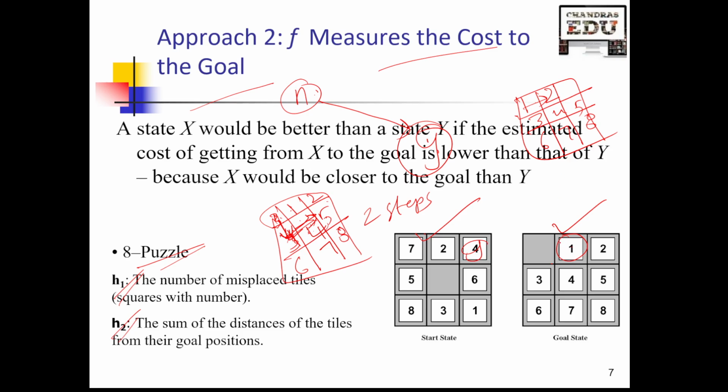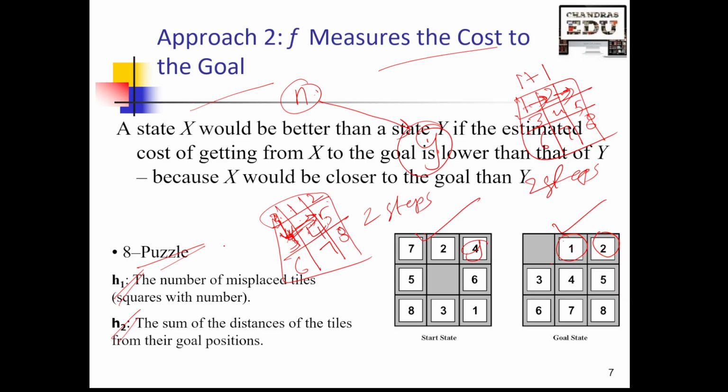So the distance is 1, and for this one, it needs to take one move to reach the final state. So you can consider two steps, because we need to move 1 to this position and 2 to this position to reach the goal. So what we are taking here is one step of 1 and one step of 2, a total of 2 steps.